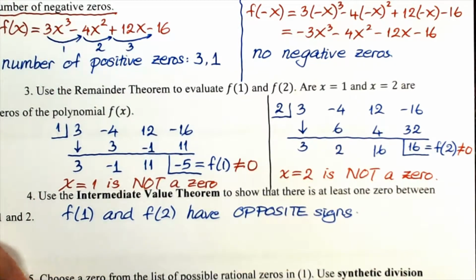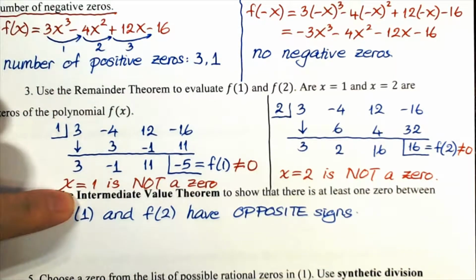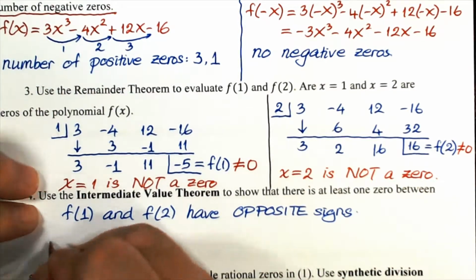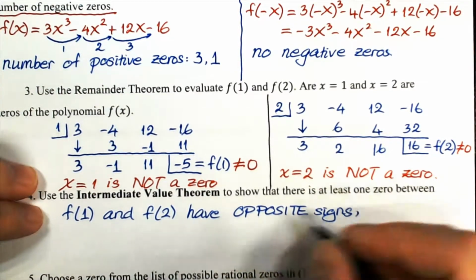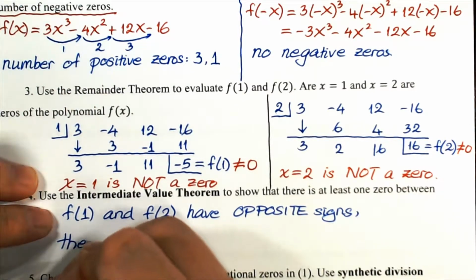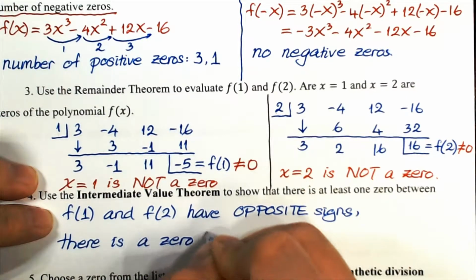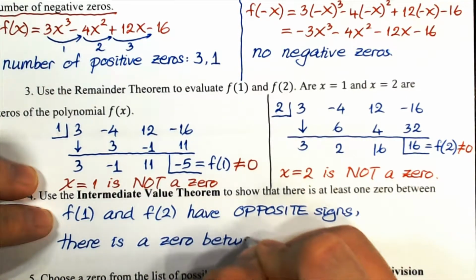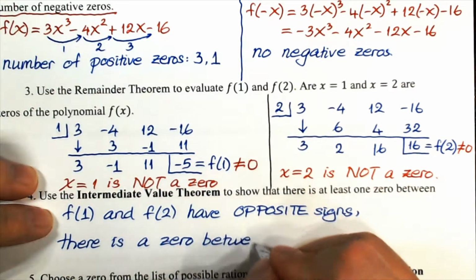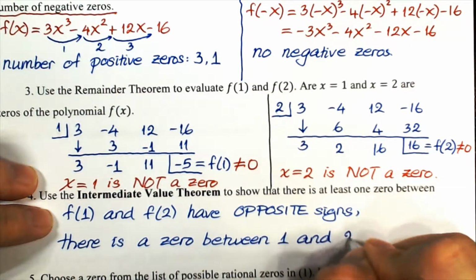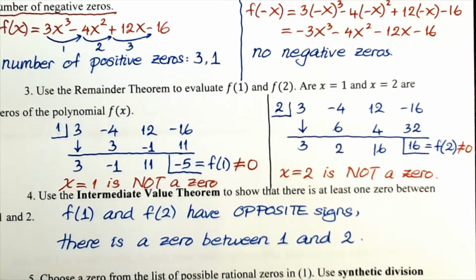They have opposite signs. By the intermediate value theorem, there is a 0 between 1 and 2.